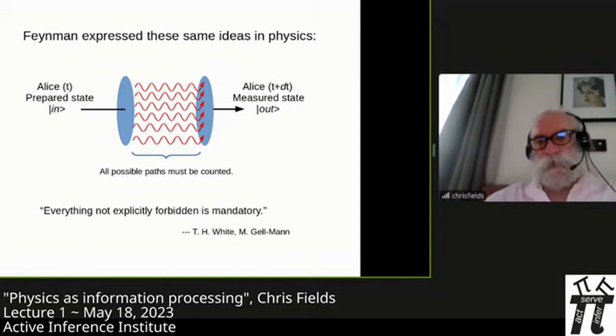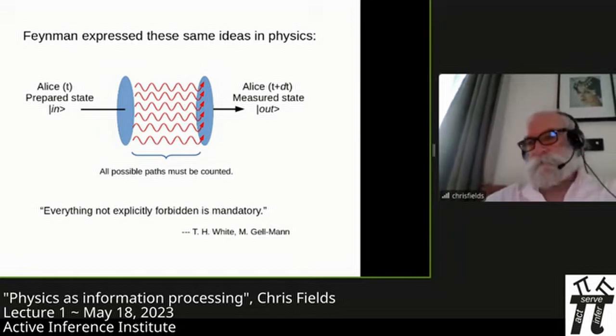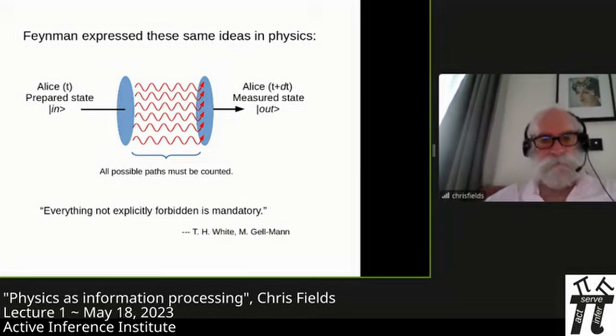What you can measure is momentum and spin, energy, position, things like that. So these processes conserve the total values of the things you can measure.